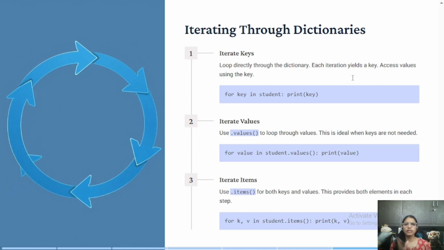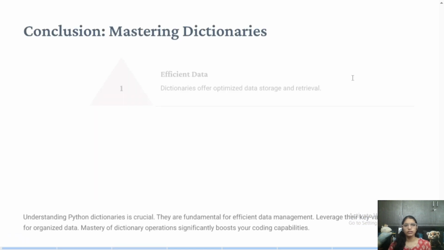So the syntax goes like for key in the dictionary name, print the key. For iterating values and items, you need to use dot values or dot items to loop through values, or to loop through both keys and values. Values is ideal when keys are not needed, and items provides both elements in each step. So you can see the syntaxes that are provided here.